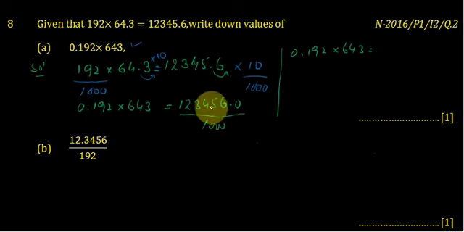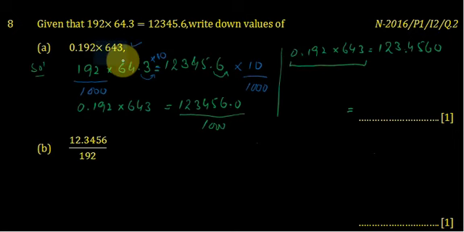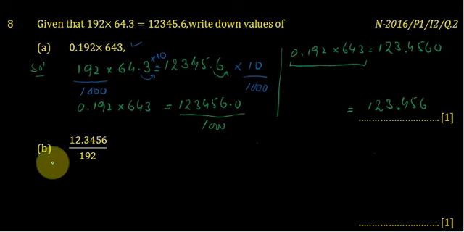So it becomes 123.4560. We were looking for this number, and we have achieved it. 0.192 multiplied by 643 is equal to 123.456. After the decimal, when 0 is at the end, we usually do not write it. So the answer is 123.456.